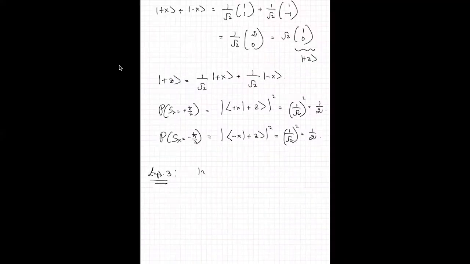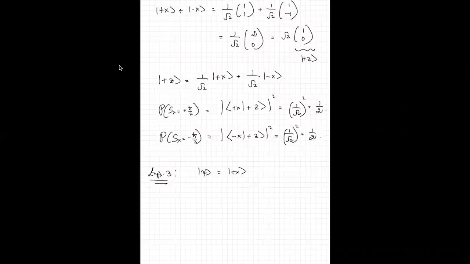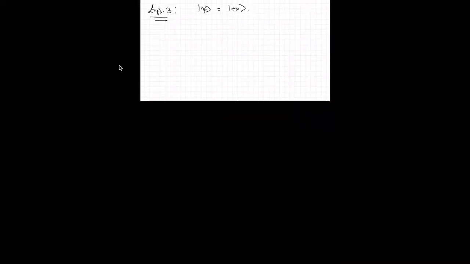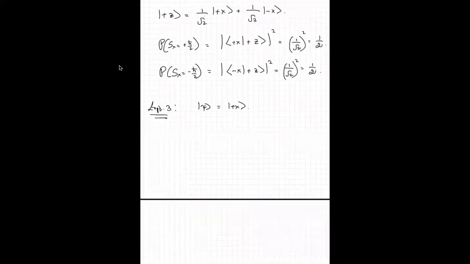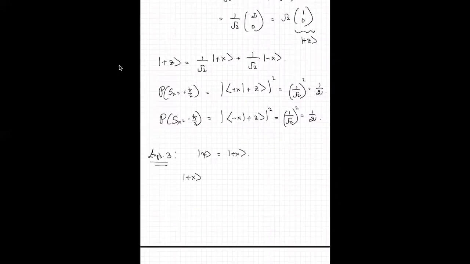So what is this experiment number 3? The state of my system prior to measuring the final Sz is plus x. Okay. And now since Sx and Sz do not commute, I have to compute the relative probabilities of finding Sz equal to plus h bar over 2 and Sz equal to minus h bar over 2 in this prepared state. So I have to write plus x in terms of the eigenstates of the Sz operator, which I've already done.